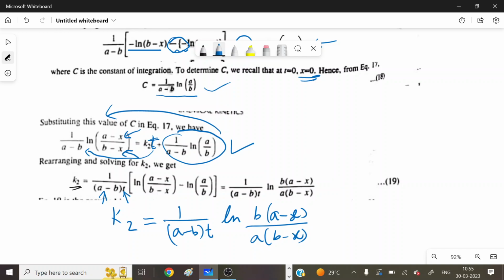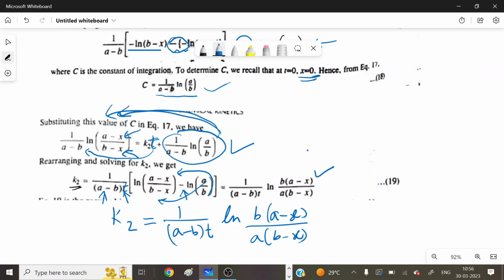So 1 upon (a minus b) into t, in square bracket, ln (a minus x) upon (b minus x) minus ln a upon b. Here, after changing the side, you will get the minus ln a upon b. Now minus ln a upon b means b should go here and a should go in the denominator side. You will get this equation.